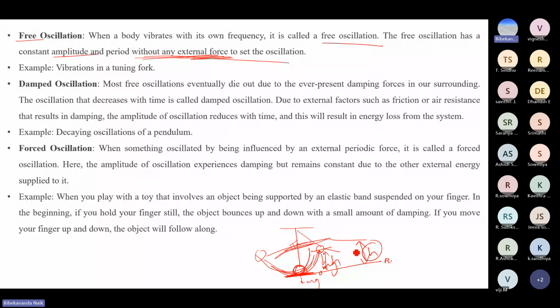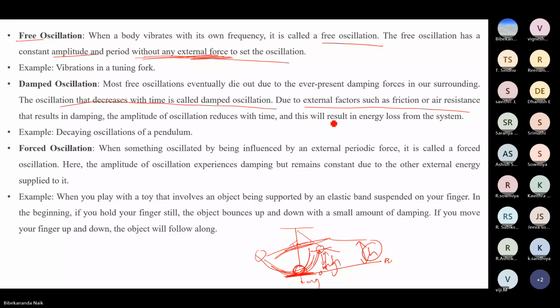But as time increases, the oscillation dies out because of the friction of air. The oscillation that decreases with time due to external factors such as friction or air resistance is called damped oscillation. So due to air resistance, the amplitude is decreasing gradually. This is an example of damped oscillation.